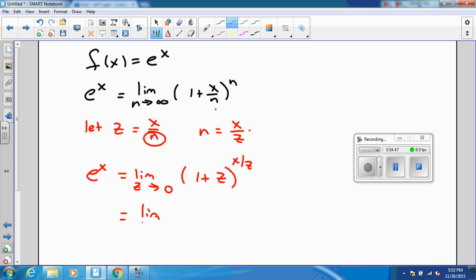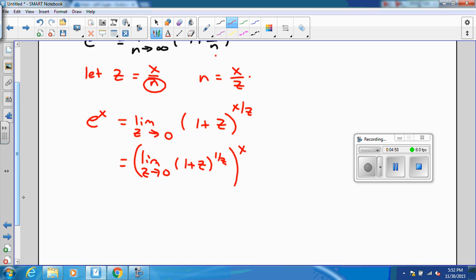Now here's what I want you to observe. Using our exponent property of limits, I can rewrite this limit as the limit as z goes to 0 of ((1 plus z) to the 1 over z) to the x, using exponent rules, just like that. And what is this limit equal to on the inside?